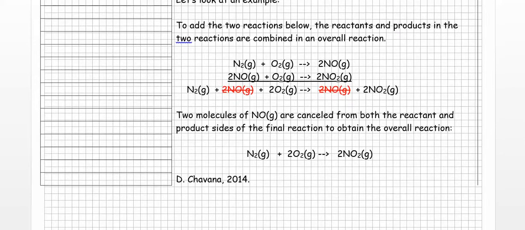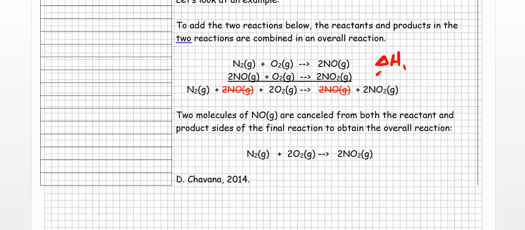We've got N2, which is a gas, plus O2, also a gas, forming 2NO, gas. There's a delta H associated with that one. I'll call that delta H sub 1, okay? So now there's another equation, 2NO, which is a gas, plus O2, which is a gas, forms 2NO2, which is also a gas.